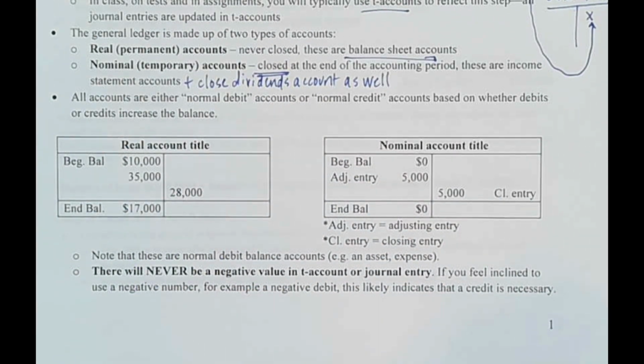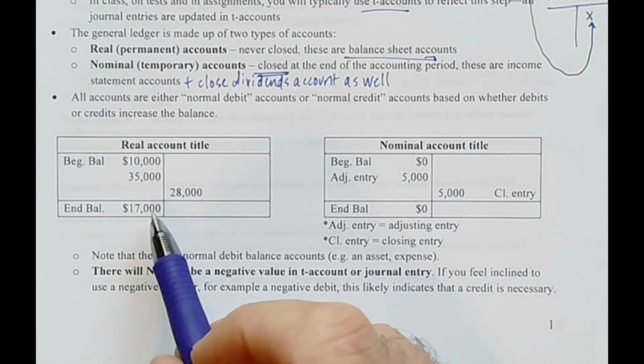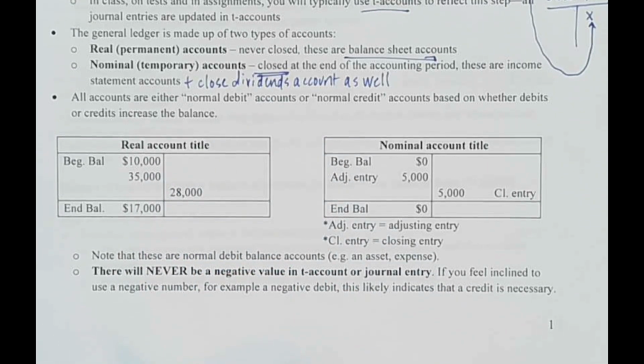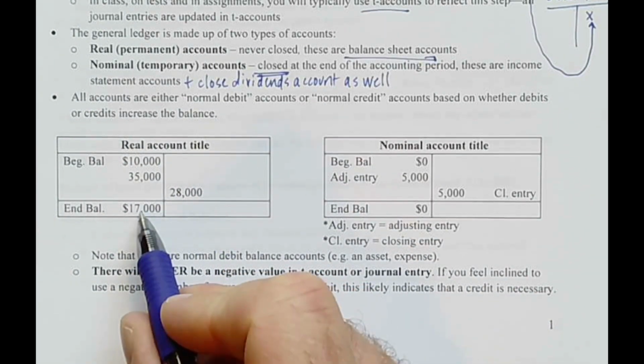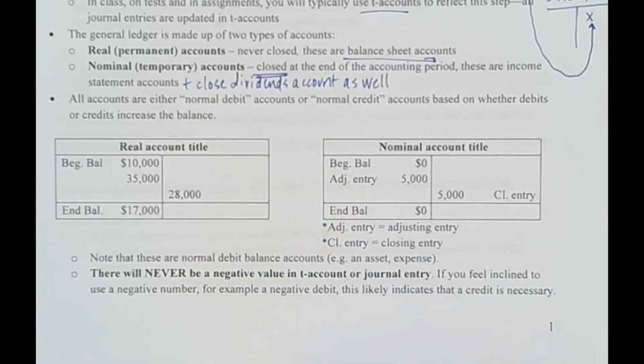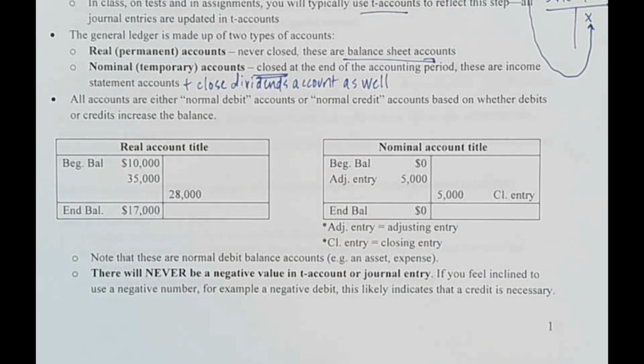Finally, we would reconcile the account. 10,000 plus 35,000 would become 45,000, but then we credit it by 28,000. That would reduce it to 17,000. That becomes its end balance. Because we don't close it, that end balance becomes the new beginning balance, and it starts at a debit of 17,000 in that subsequent period.